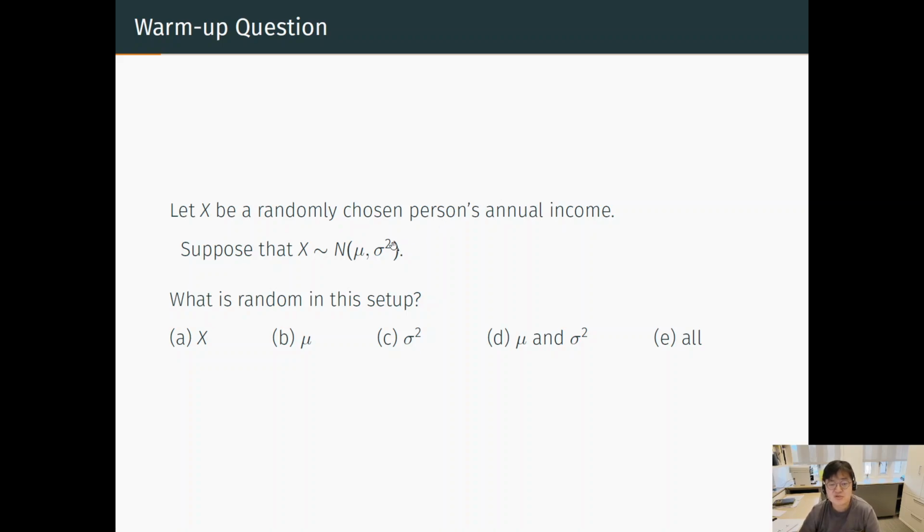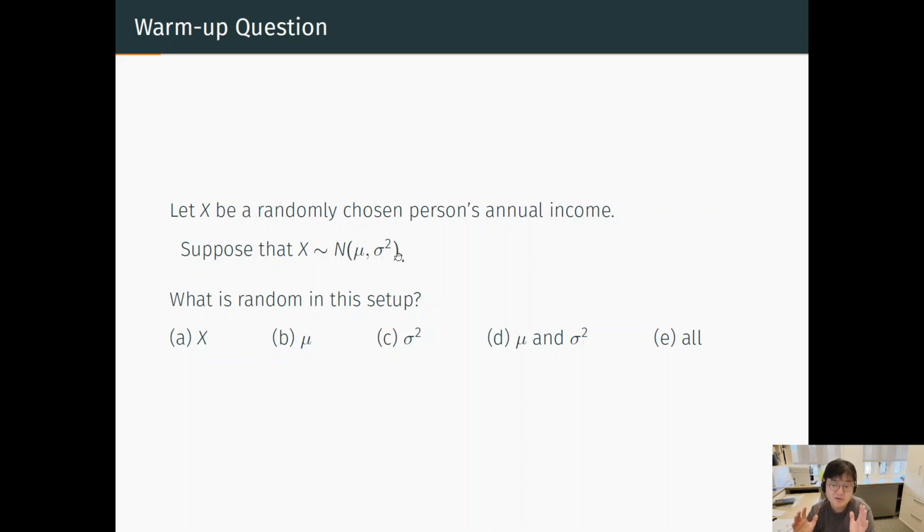And we are going to assume that her annual income follows a normal distribution. So we write it as X follows a normal distribution with parameters mu and sigma squared, mean and variance.